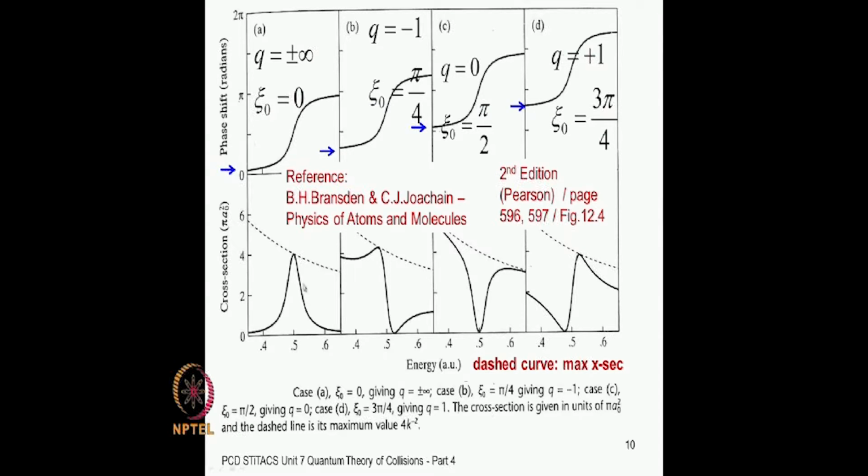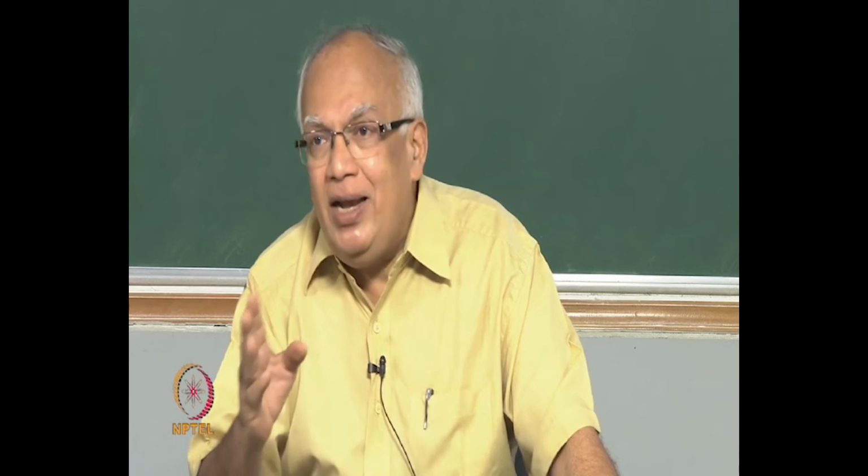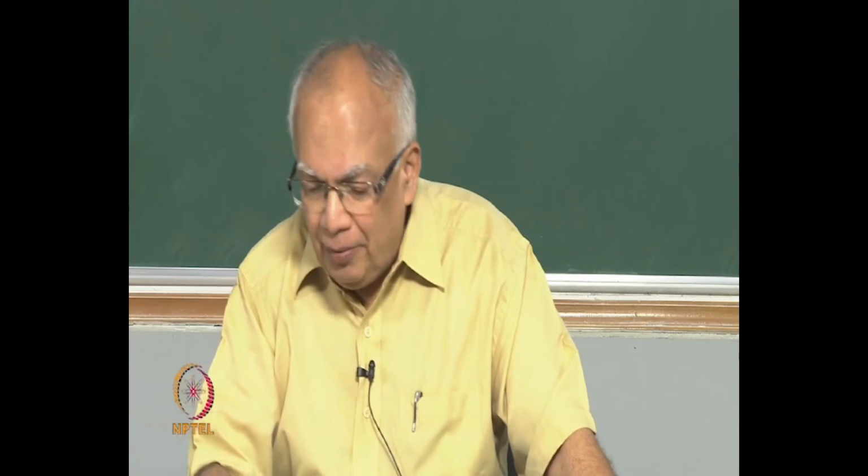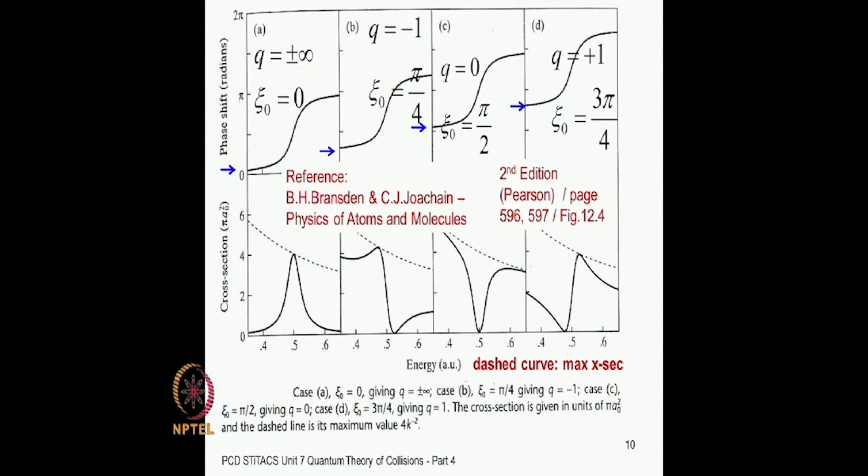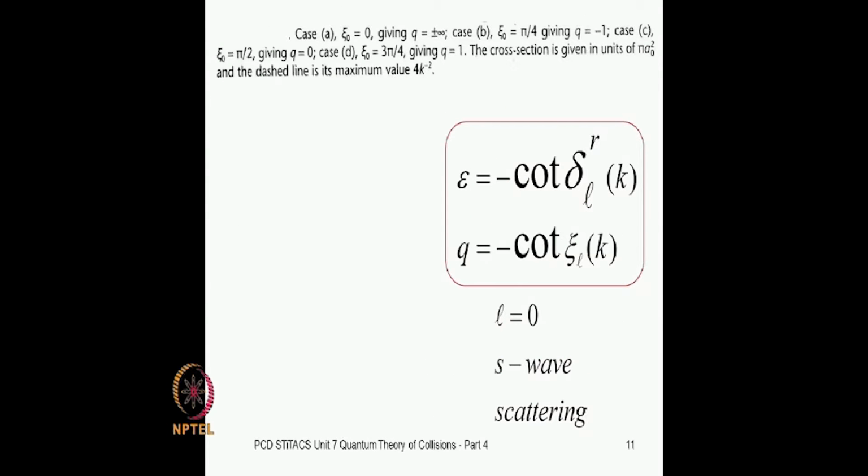In each of these you've got a dashed curve, which is just the maximum cross section at that energy which would be possible, but then because of resonances the cross section changes, sometimes wildly, sometimes it also goes to 0. So the dashed curve only represents the maximum cross section which can occur at that particular energy or momentum.